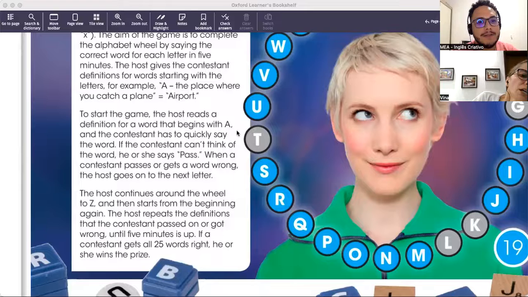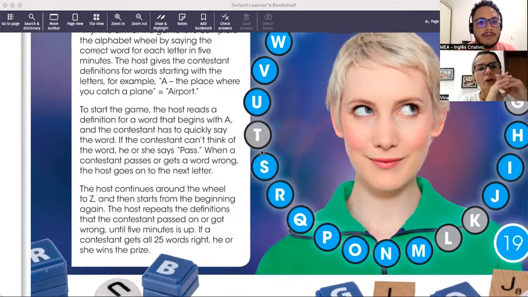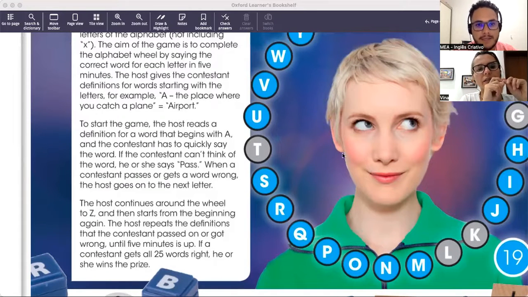To start the game, the host reads a definition for a word that begins with A, and the contestant has to quickly say the word.